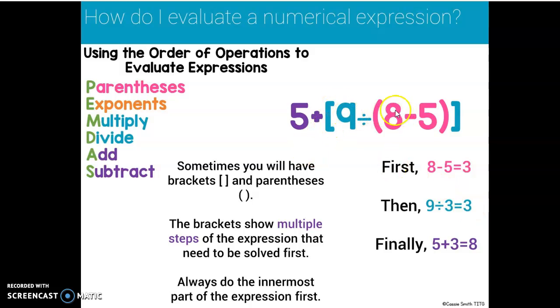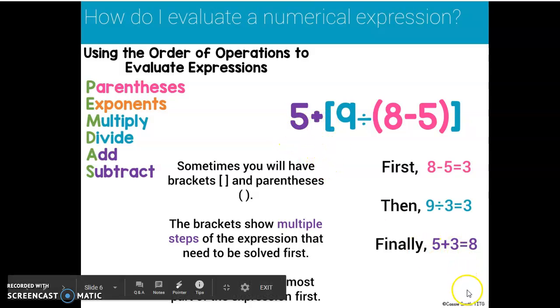So we're finished with the parentheses, then our brackets, and now we work from left to right. And so you should have a 5 plus a 3, which is your final step, and 5 plus 3 equals 8 for a final answer.